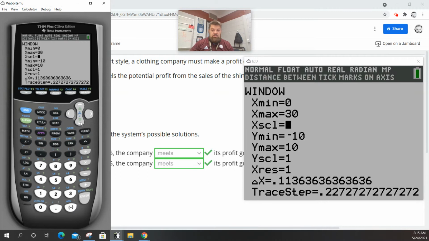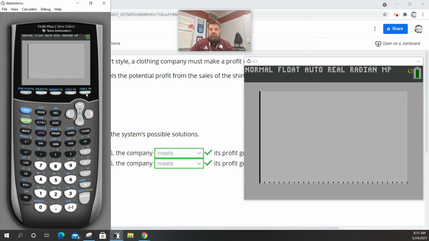Now the y values, I'm going to put 4,500 to 6,000. Why? Because we have to make at least $5,000, so the y value is above $5,000. Okay, so let's graph it and see what we get.